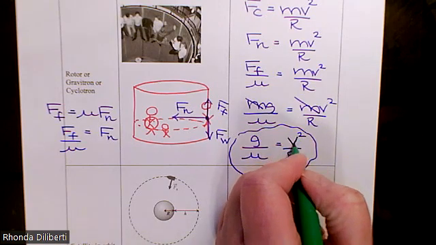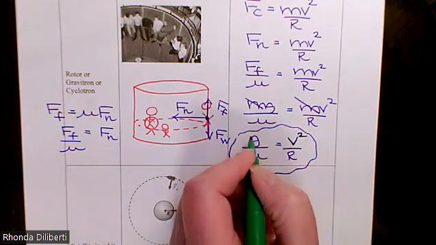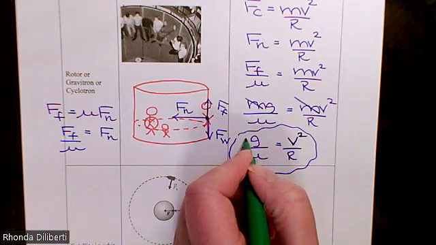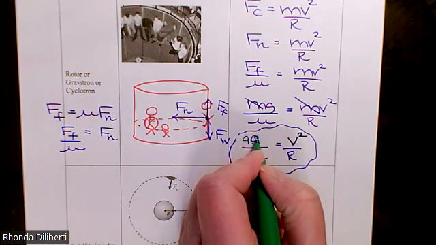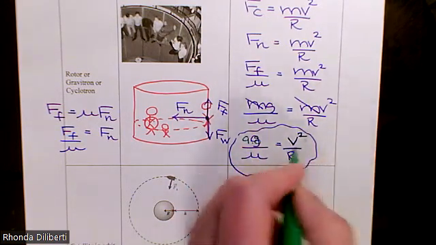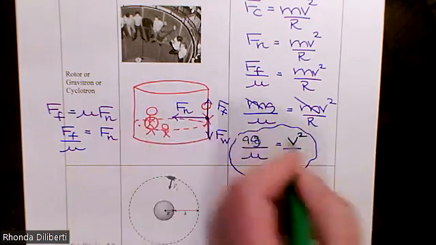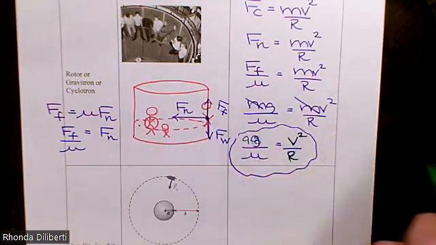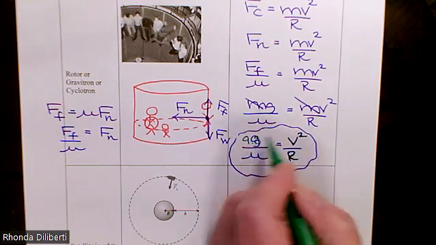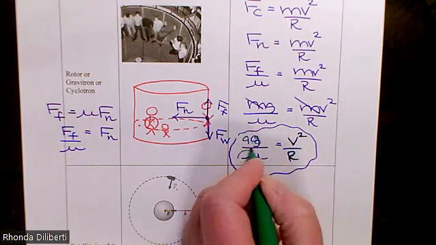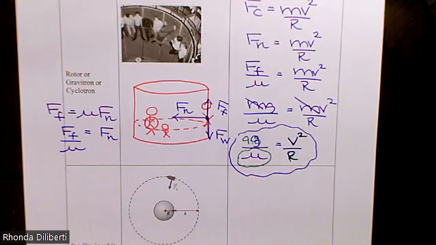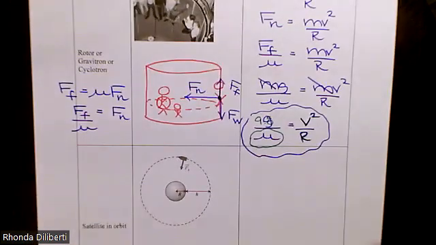I'm just going to write v. They're all on Earth, so that's going to be 9.8. The radius of the ride is the same for all of the people. So all of these things are the same, except for the coefficient of friction.